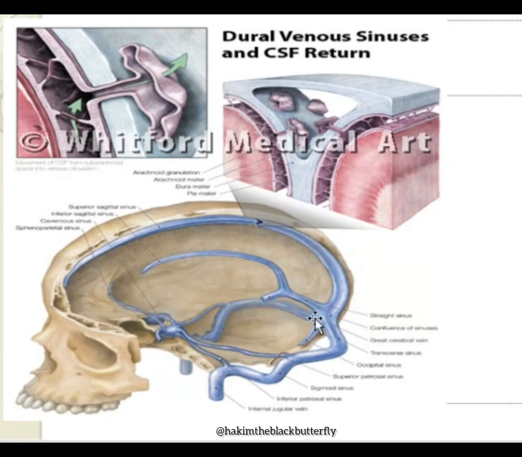And the two transverse sinuses, the right and the left, will pick up the blood from the confluence of sinuses. When they reach the temporal bone, they form what we call the sigmoid sinus, and the sigmoid sinus at the jugular foramen is going to continue with the internal jugular vein, and the internal jugular vein will return that blood to the heart.